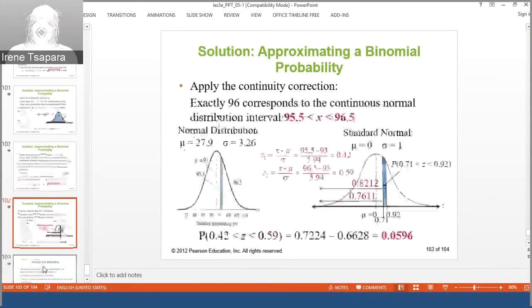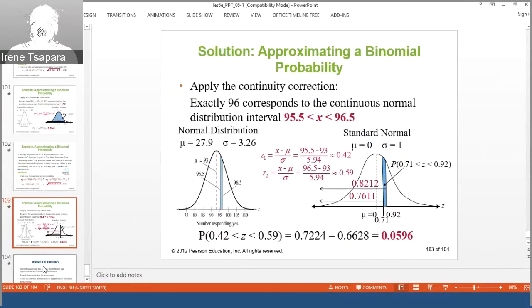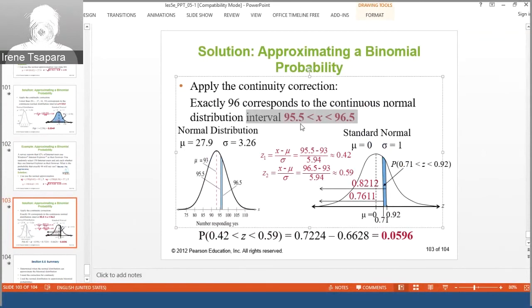And if you have questions, let me know. Again, you can see here the correction for the continuity. Since I want 96, I start from 95.5 and I go to 96.5. Do that, and we are going to discuss now the second set of notes that I have prepared for you.